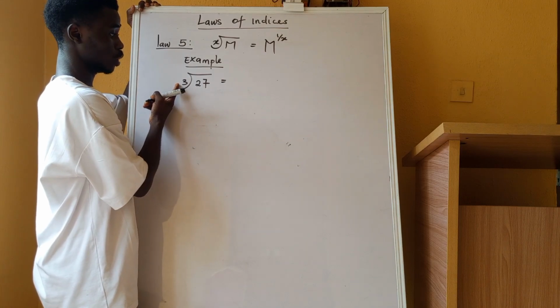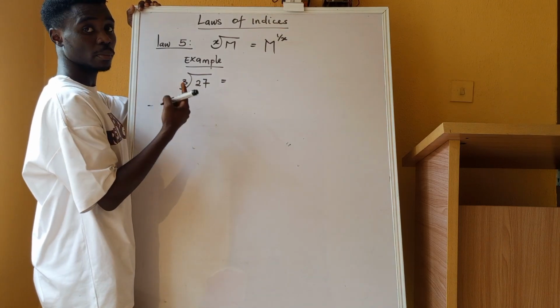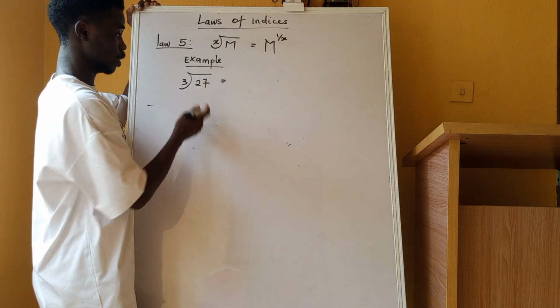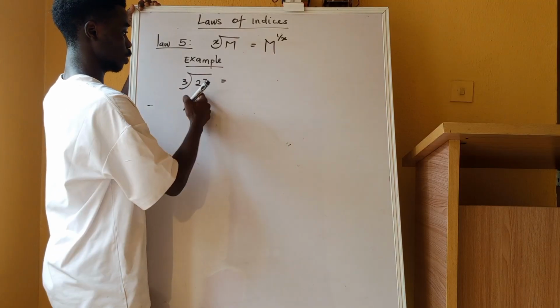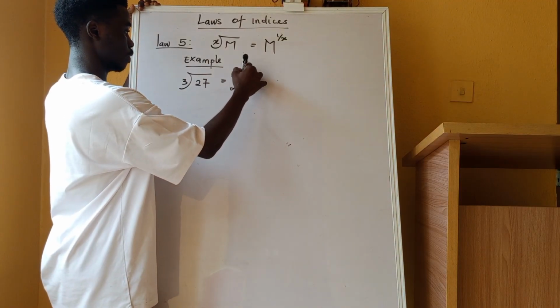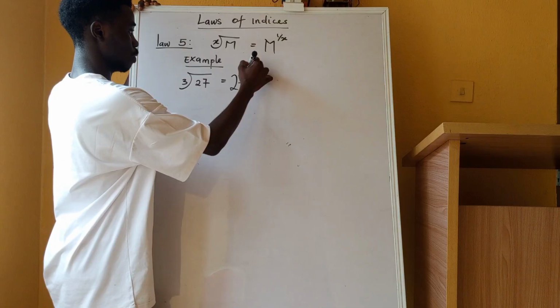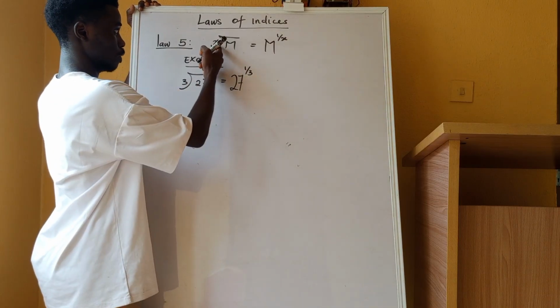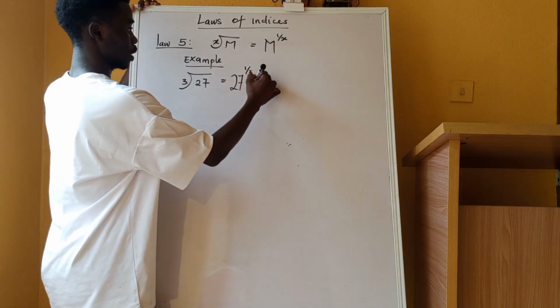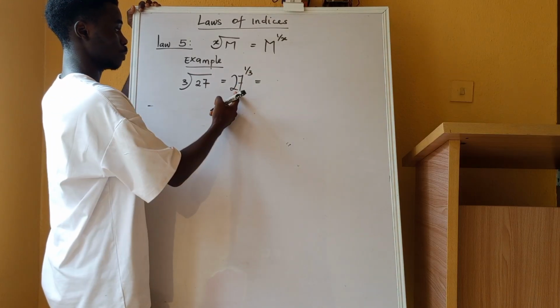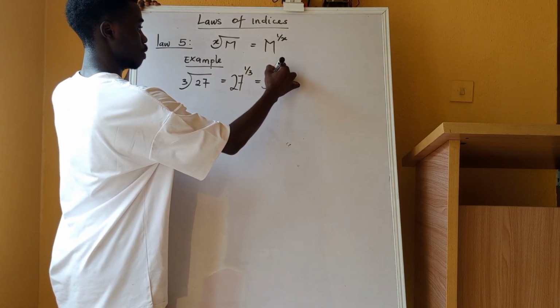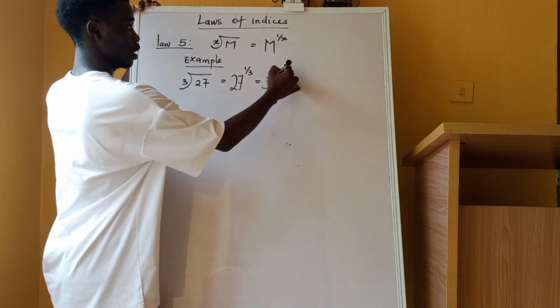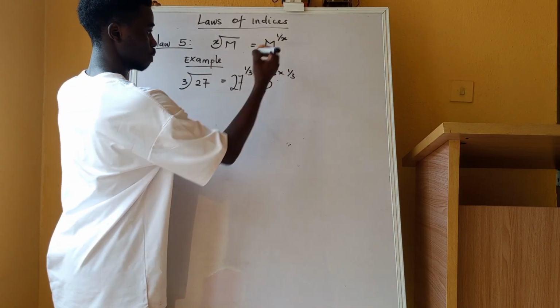We know that this is the number you multiply 3 times to give you 27. So this is equivalent to 27 to the power of 1 over 3, because this is 1 over x, where the value of x is 3 here. So this is equal to 3 to the power of 3 gives me 27, multiplied by 1 over 3.